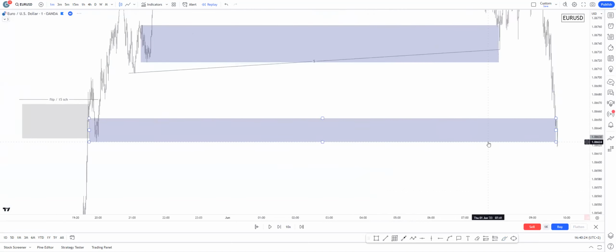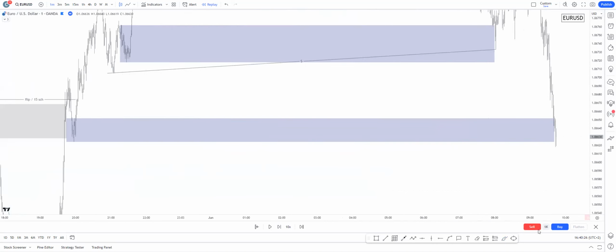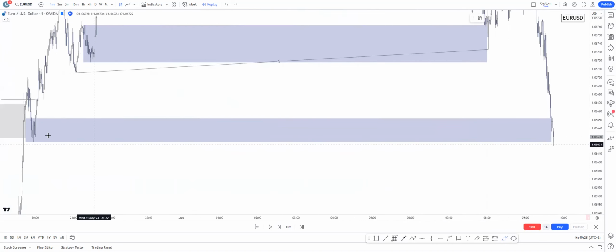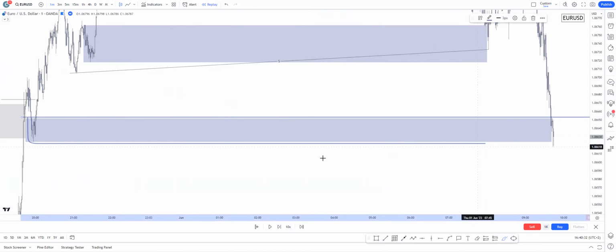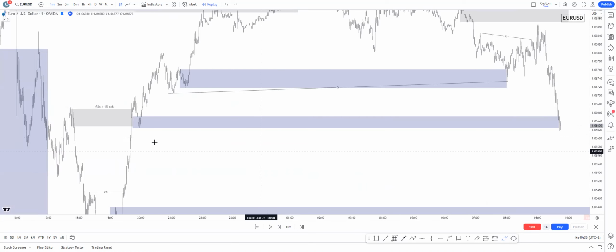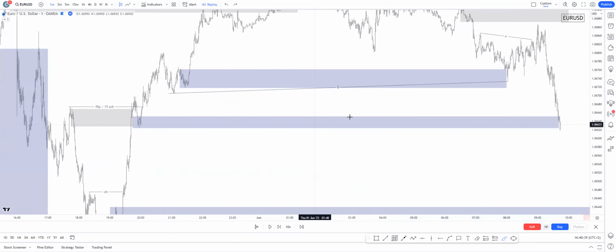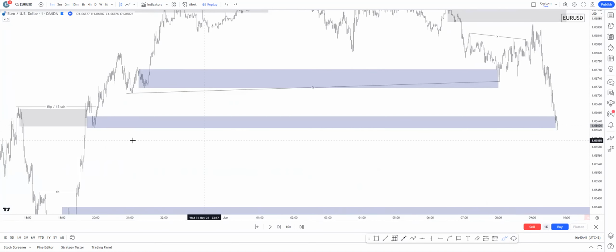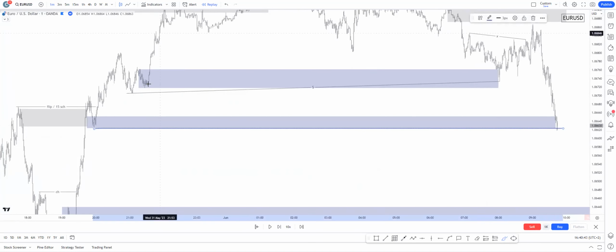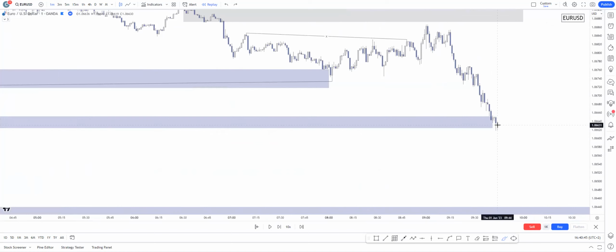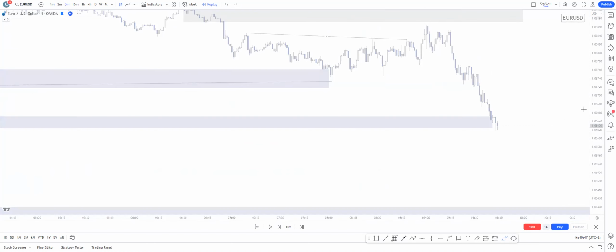But a full zone mitigation happened too, and technically price has wicked below this zone, wicked below this 5-minute area, and it kind of built up some liquidity here, but I wouldn't call it a proper double bottom liquidity. But let's see the 5-minute time frame first.